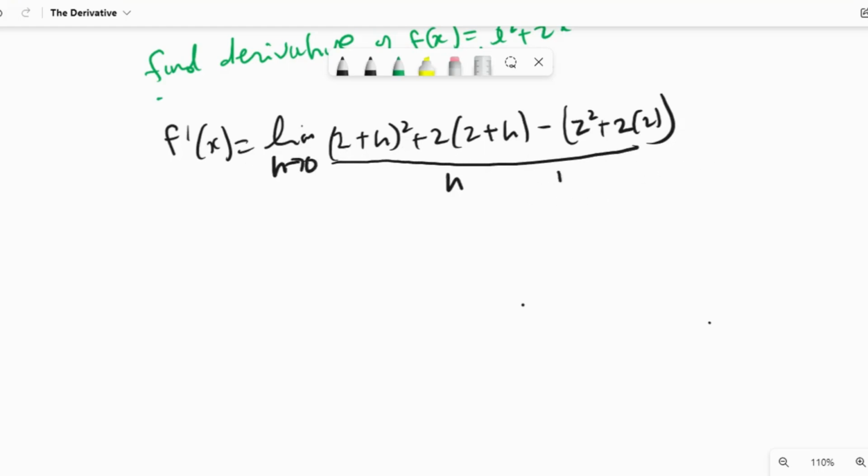This is the first principles, or the definition of the derivative.